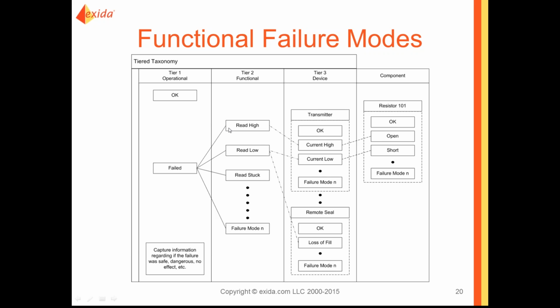If you took a specific failure and went backwards, you would trace that down to, oh, the transmitter current was stuck high, or let's say it was a fail low. Transmitter current failed in such a way that it drove it low, or we lost the fill fluid in the capillary and we weren't reading anything, so it failed low. Then that can be traced back to a specific component and the effect of that failed component.